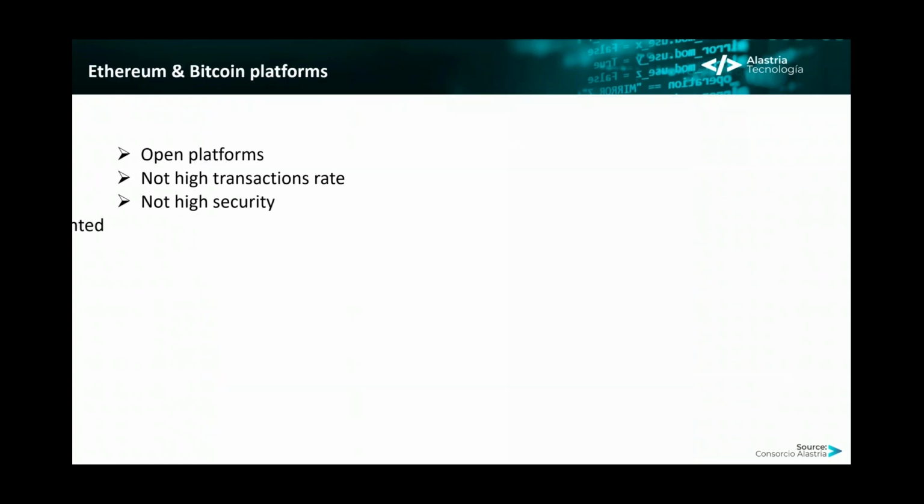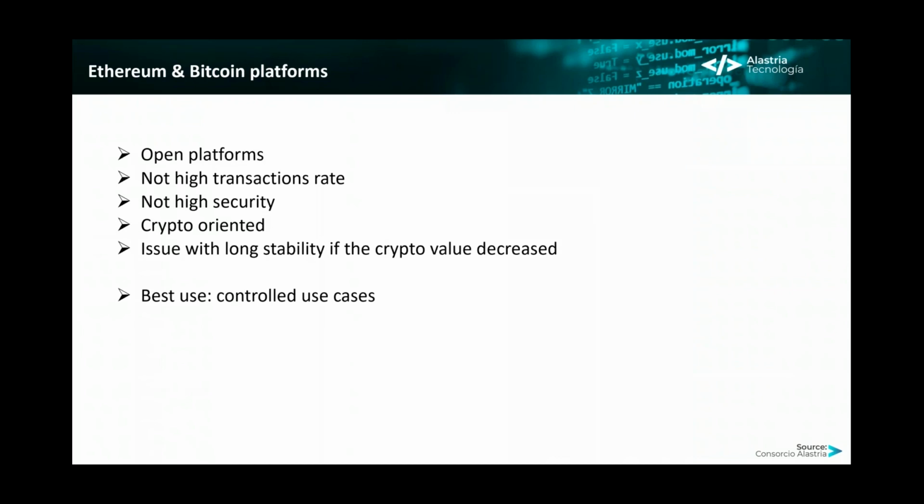Then starting with the systems that I mentioned, I am going to start with Ethereum and Bitcoin. If your non-functional requirements require that your solution is open to as many people as possible, you need an open platform, but you don't need a very high transaction rate.